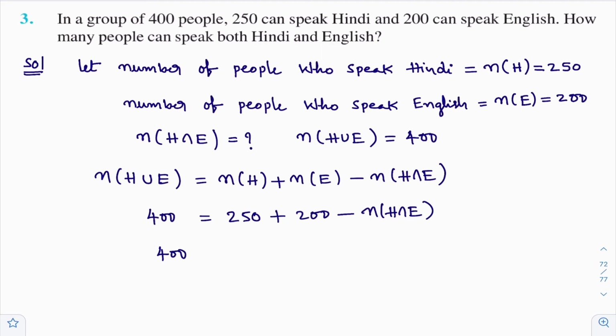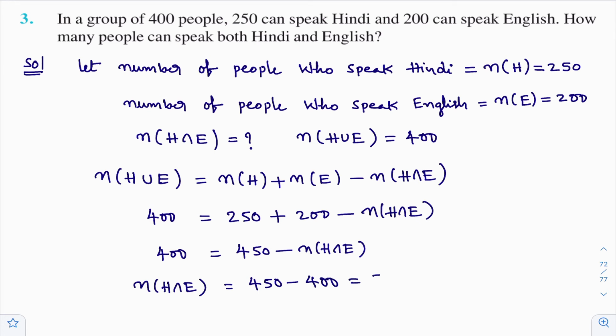So 400 equals 250 plus 200, that is 450, minus n of h intersection e. Now take n of h intersection e to the left hand side, so the minus becomes plus. That equals 450 minus 400, which is 50.